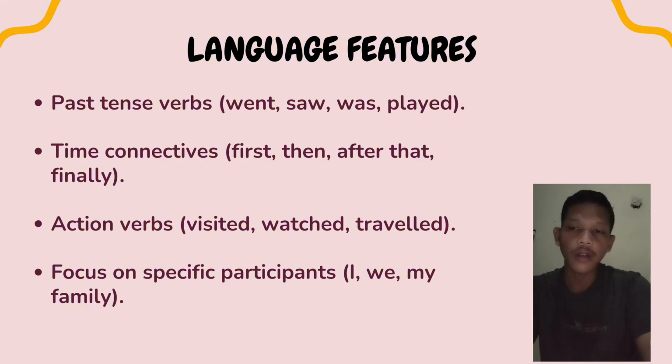Those are several examples of time connectives in the beginning. And for middle, time connectives that we can use are next, after that, then, and etc. And for ending we can use finally, lastly, at the end, and etc.